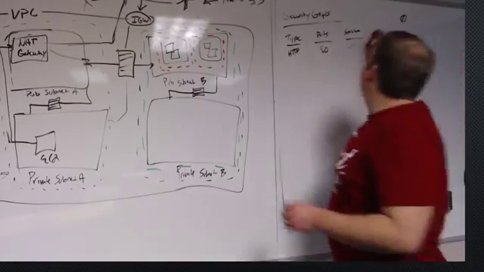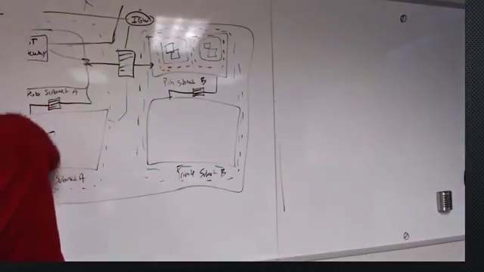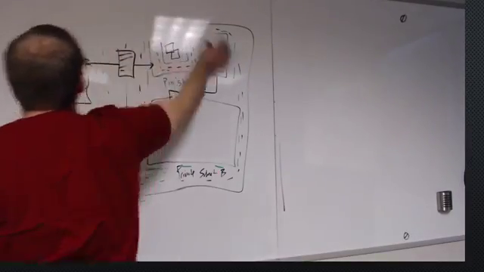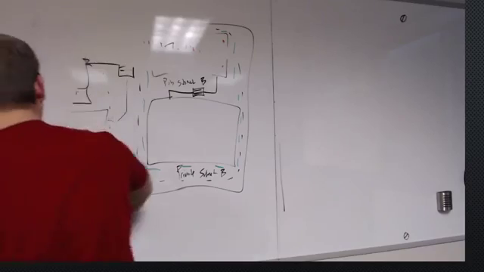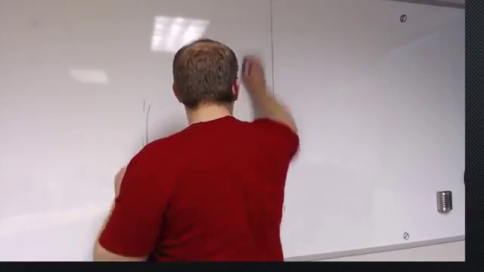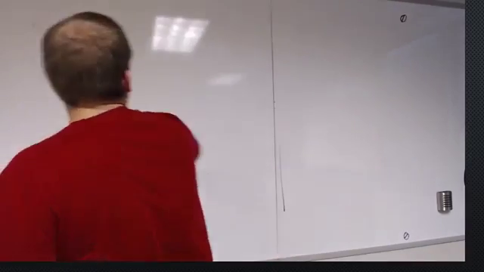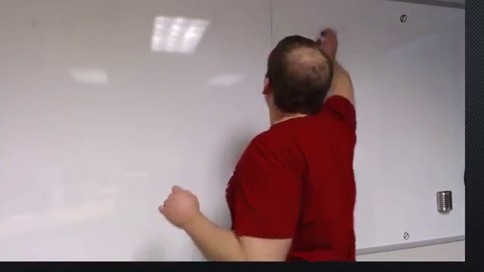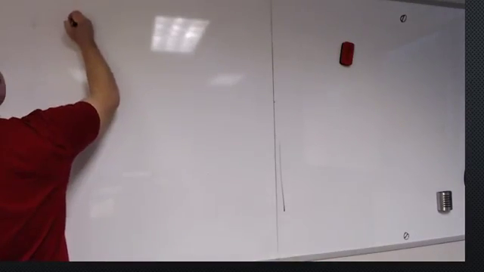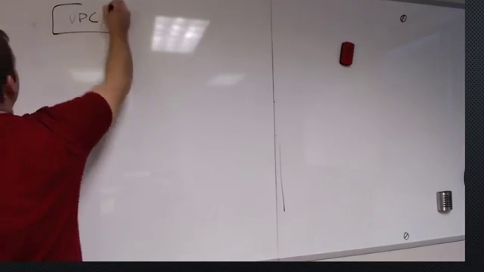What does this mean? All right, so you may have times where you need items in different VPCs and potentially even different accounts to talk to each other. We need a way to do that. So let's say I have a VPC here. Okay?